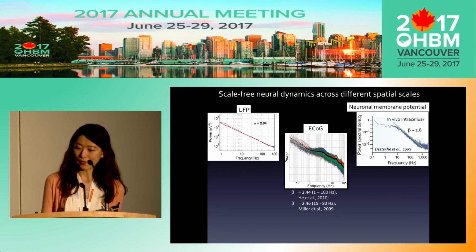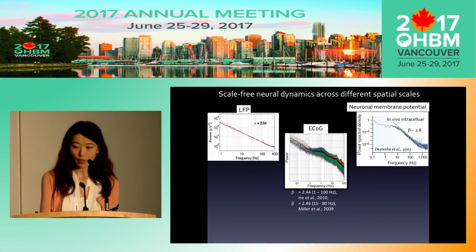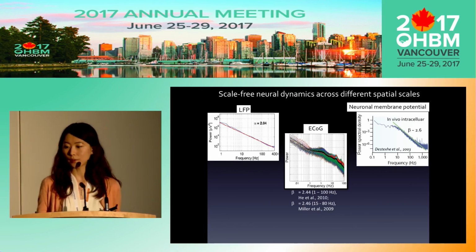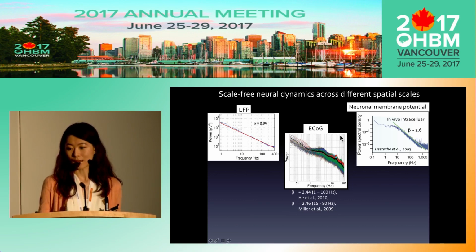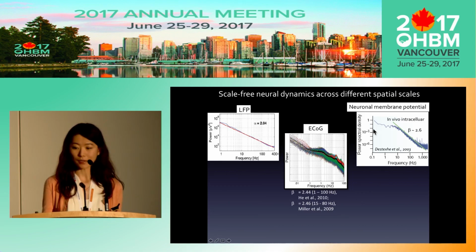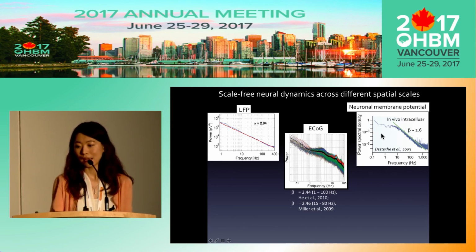In the in vivo recordings of neuronal membrane potentials from Alain Destexhe's group, we also know that neuronal membrane potential fluctuations have a similar 1/f-like power spectrum with a similar exponent.